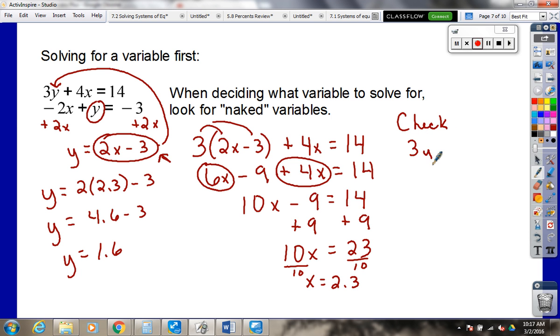So I'm going to use 3y plus 4x equals 14. 3 times 1.6 plus 4 times 2.3.